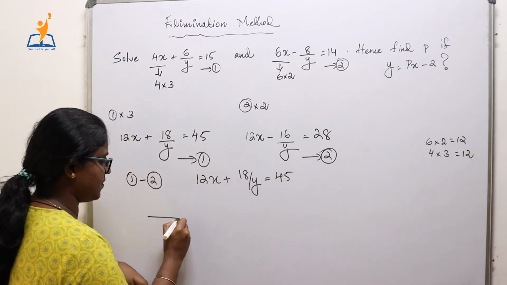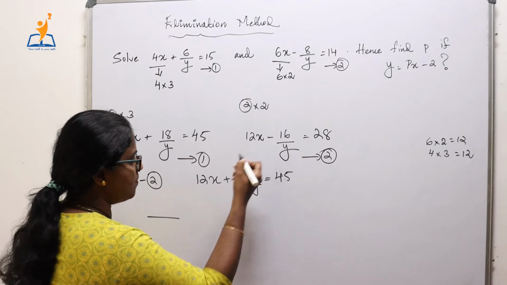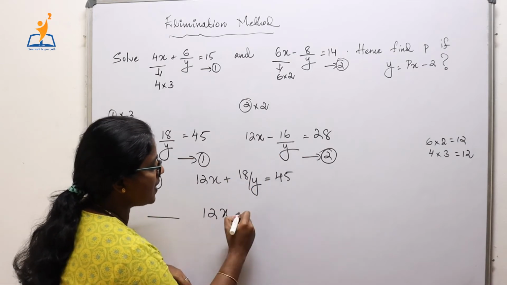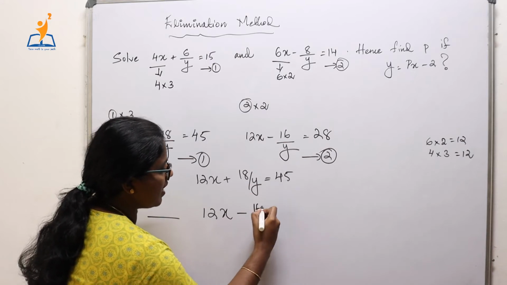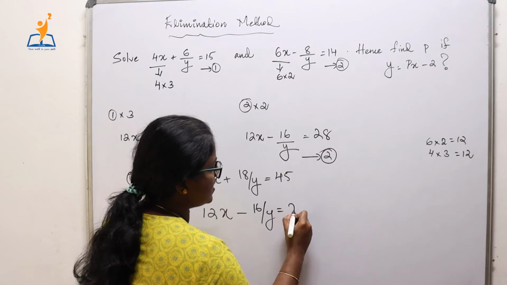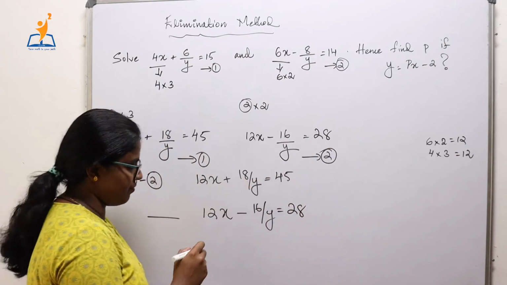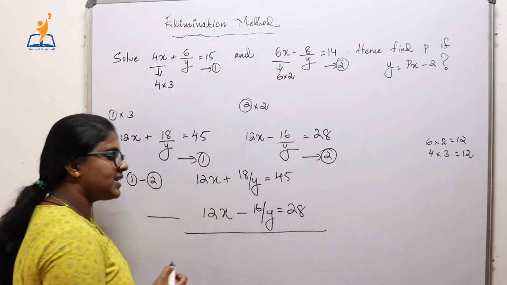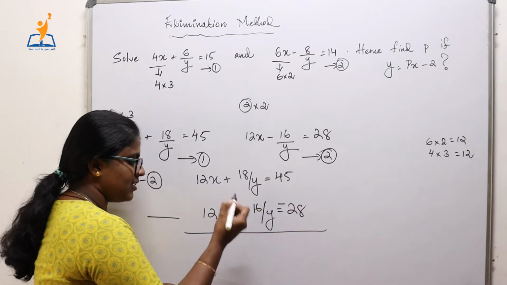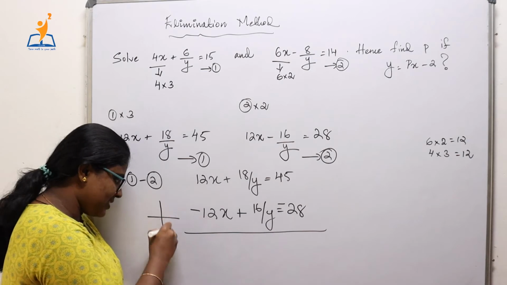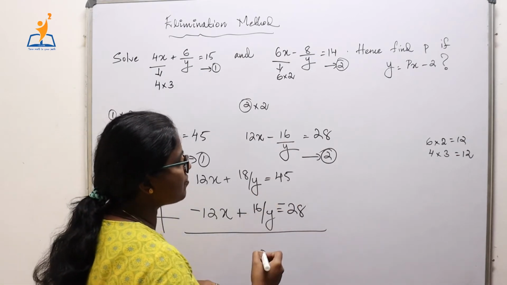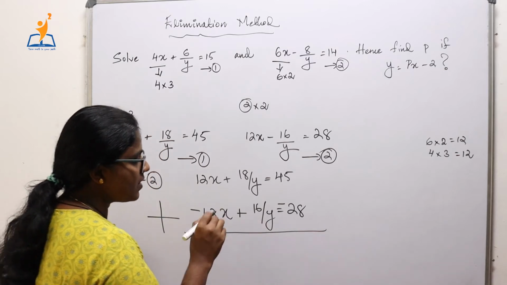Now to subtract equation number 2, be careful in writing the terms: 12x under 12x, minus 16y under 18y, equals 28 under 45. In order to subtract these equations, I have to change the signs to opposite signs and add these two equations.